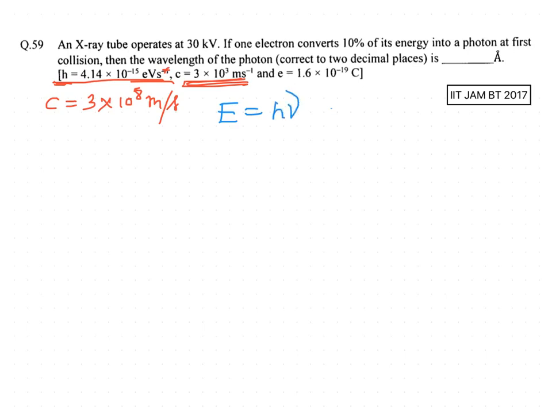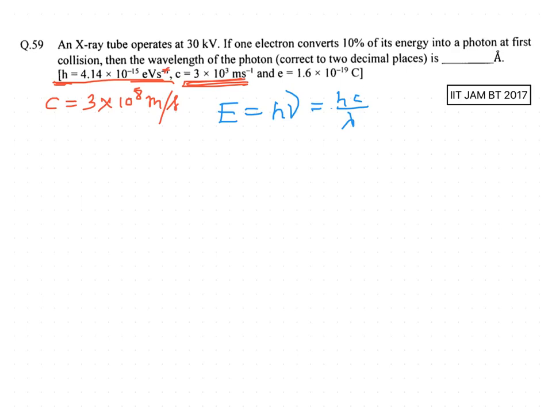If we write it in terms of wavelength, we get E equal to hc by lambda, where h is Planck's constant, nu is the frequency of light, c is the velocity of light in vacuum, lambda is the wavelength of the photon, and E is the energy of the photon.